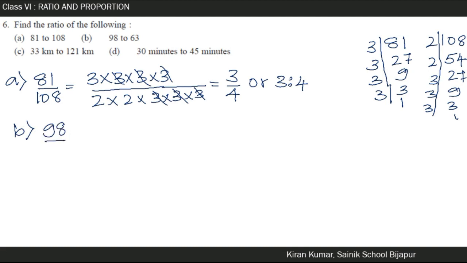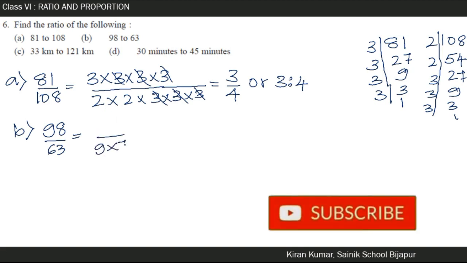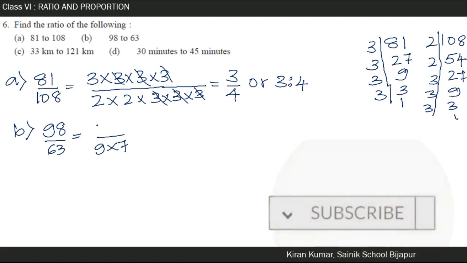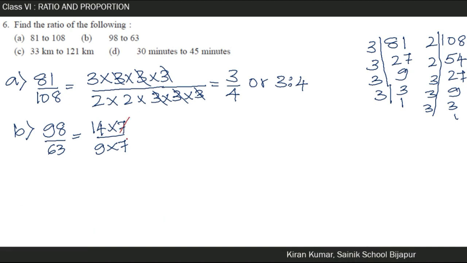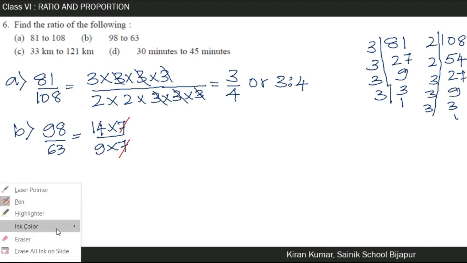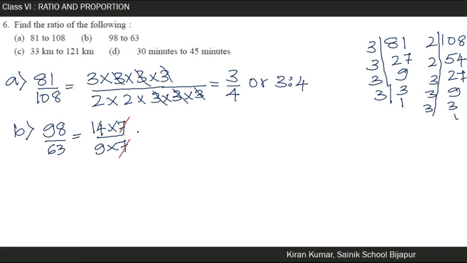Second one is 98 upon 63. We all know that 63 is 9 multiplied by 7, and 98 is 14 multiplied by 7. Here the 7 and 7 will get cancelled. We will be getting 14 upon 9 or 14 is to 9.